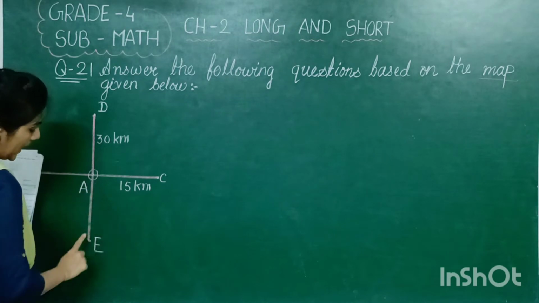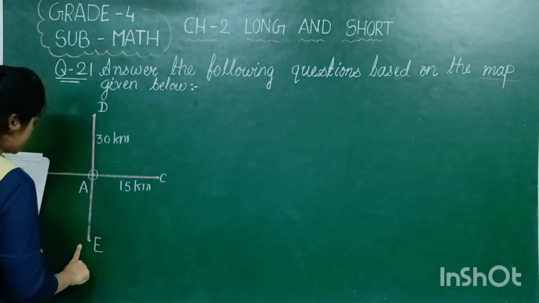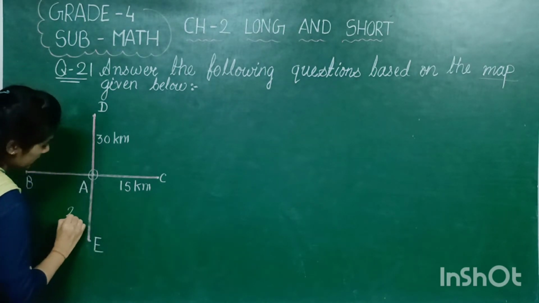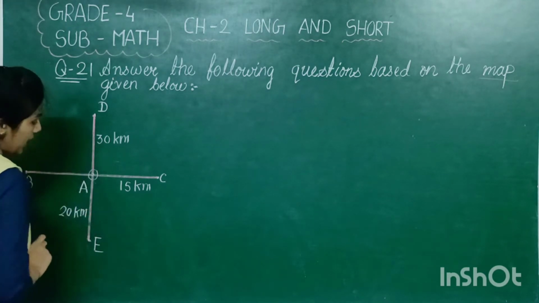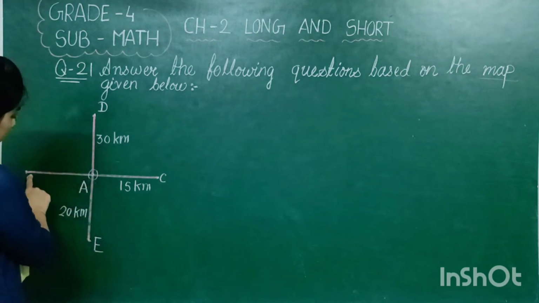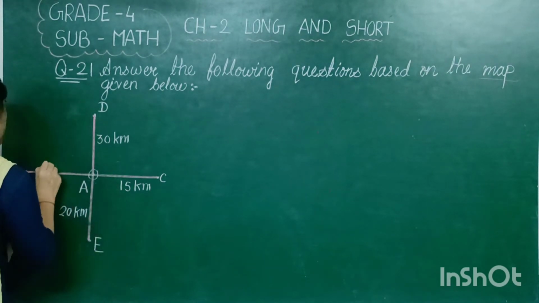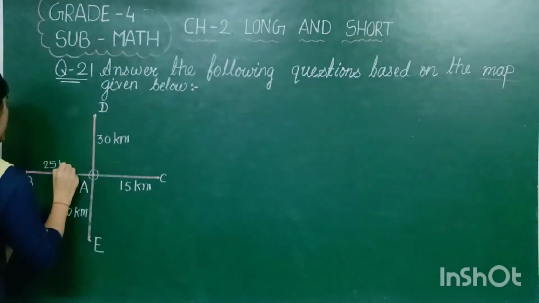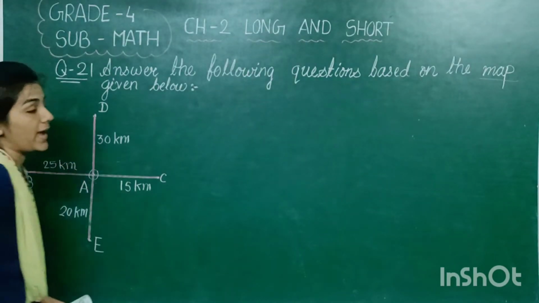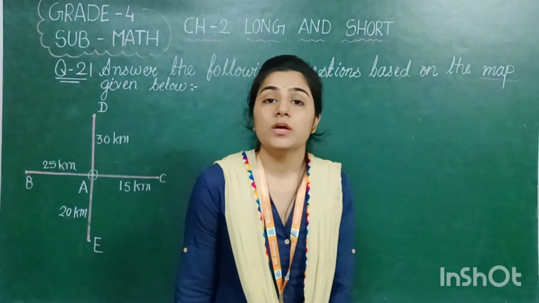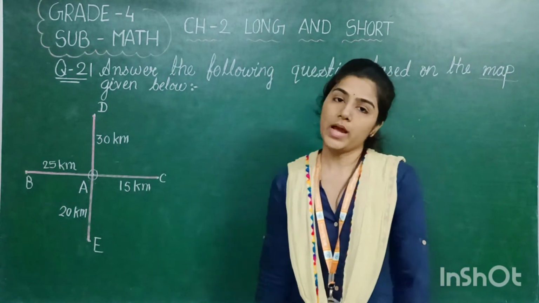Between A and E, these 2 points, the distance is given 20 kilometer. And between B and A, the distance is given 25 kilometer. So now as per this information from the map, we have to find the answers.